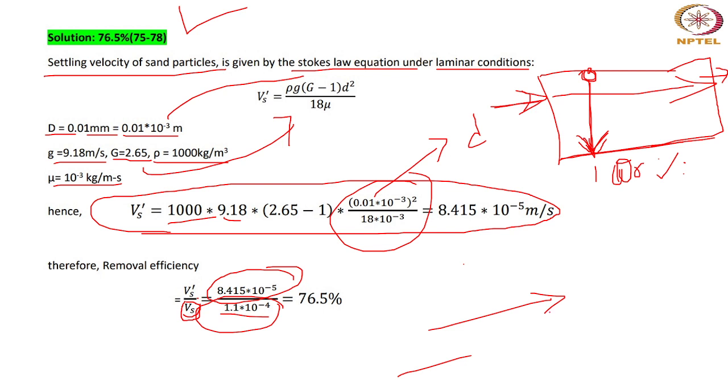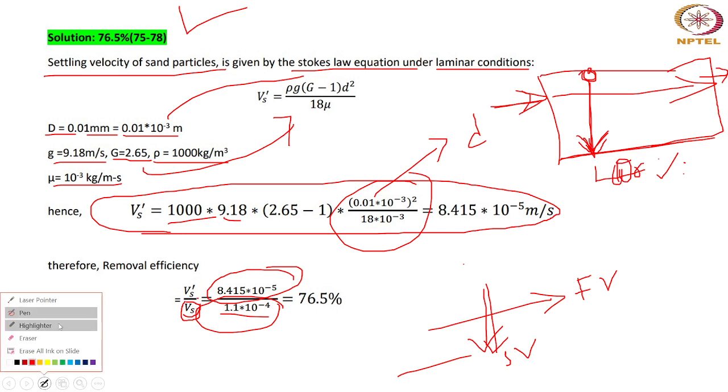If the flow velocity is more than this settling velocity, then what will happen? We will get a lesser percentage of removal, not 100%.